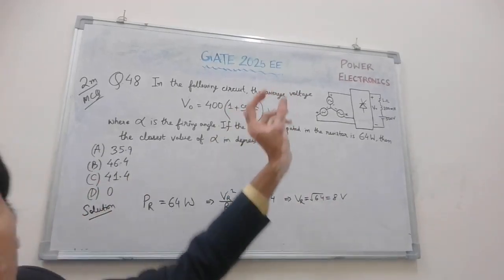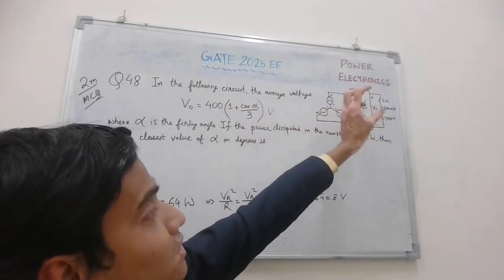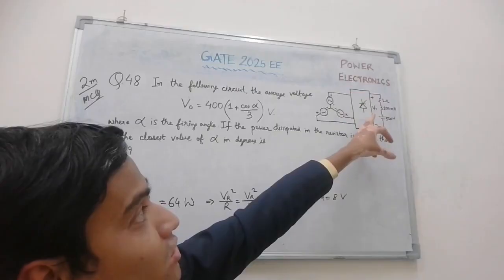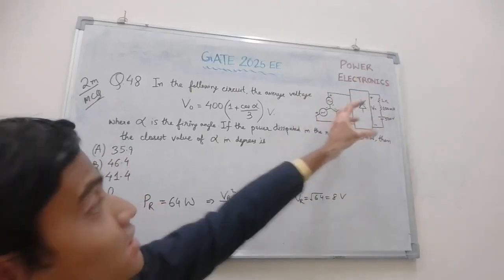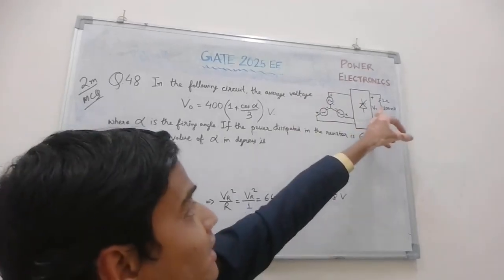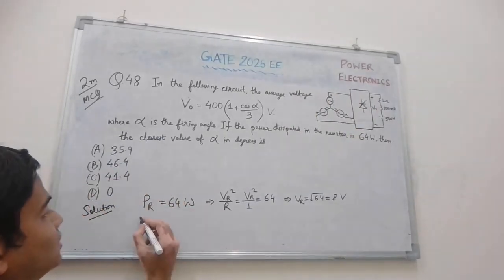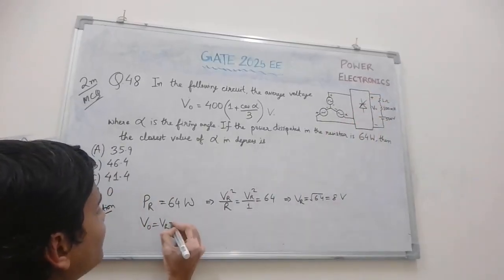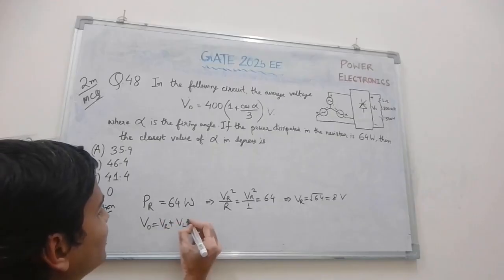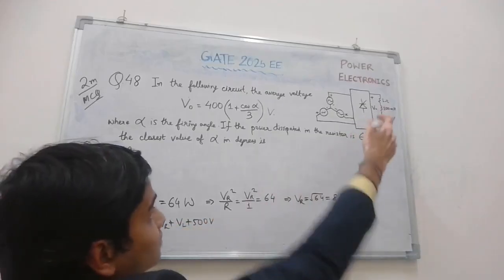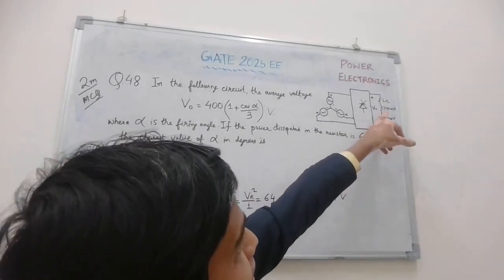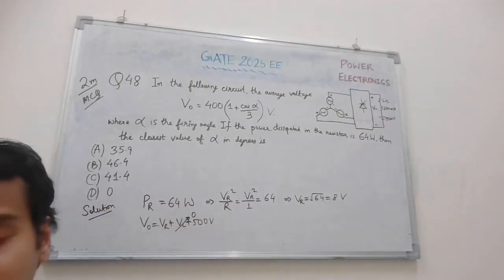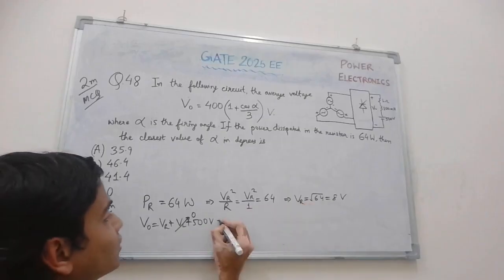Now since this is the average voltage, the inductor, being a conservative element, has no power dissipation. Energy is conserved across the inductor, so the average voltage across the inductor is 0. So we need not consider the average voltage across the inductor. Basically V0, the output voltage, is the sum of VR plus VL plus the 500 volt voltage source. Now the average voltage across the inductor is 0 and the average voltage across the resistance is 8 volt, already calculated.